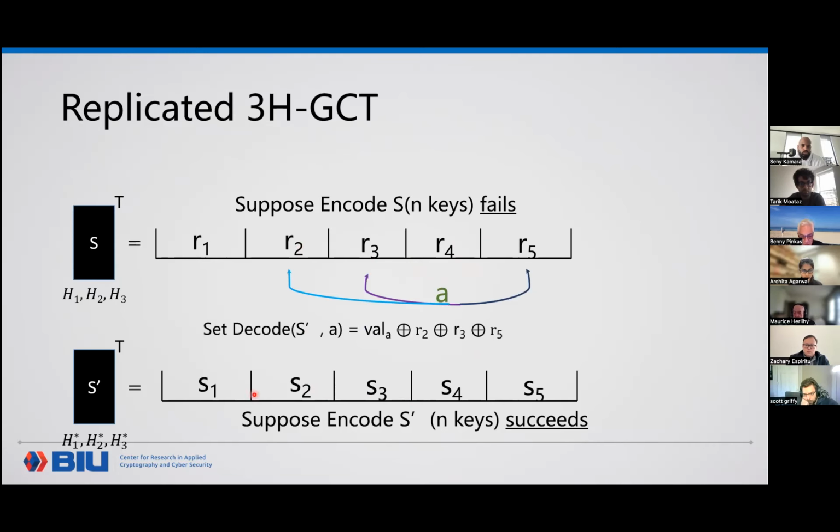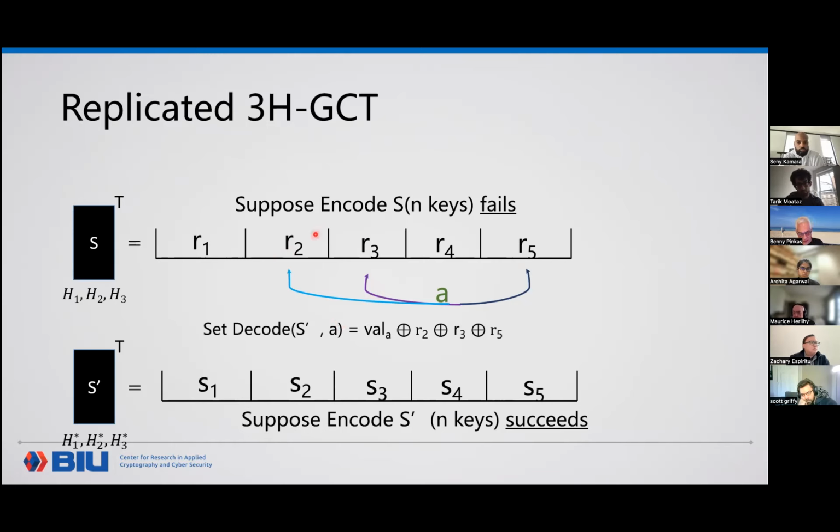I have this final output I need to learn, this value that should be associated with key A. Here I put only random values, so I know what I'm going to get from the first table. And in the second table, I encode whatever value I want. So for A, I'm going to encode a value so that its XOR with the values I put in the first table for A is going to give me the required output.